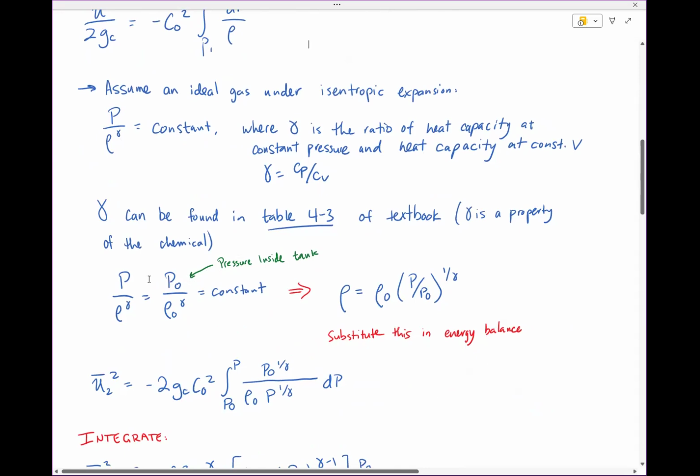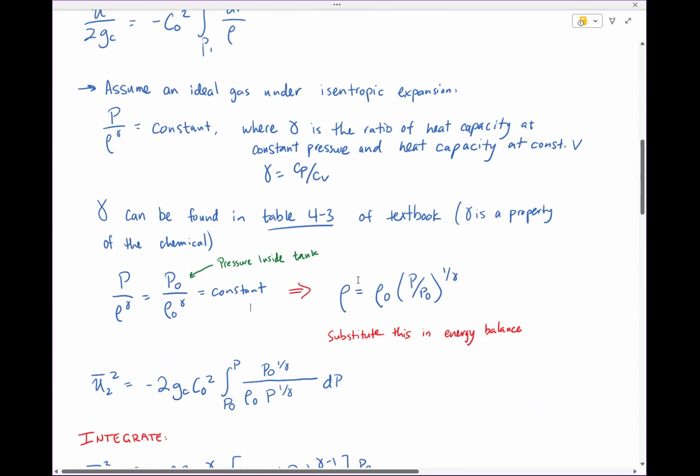So what this allows us to say is that because P over density to the power of gamma is constant, that means whatever pressure and whatever density that we have, remember we're dealing with the gas now, so density is going to be a function of pressure, this is going to be a constant.